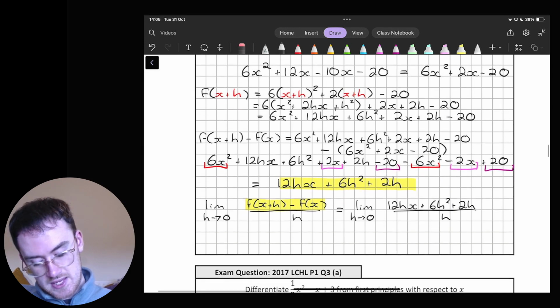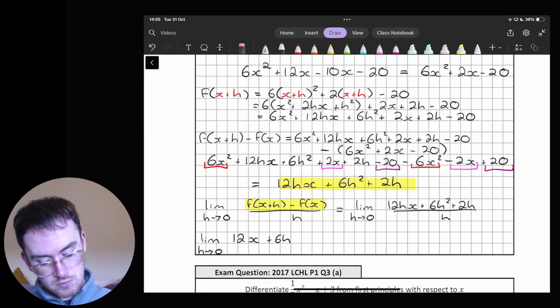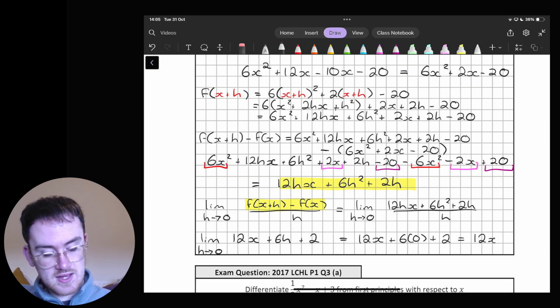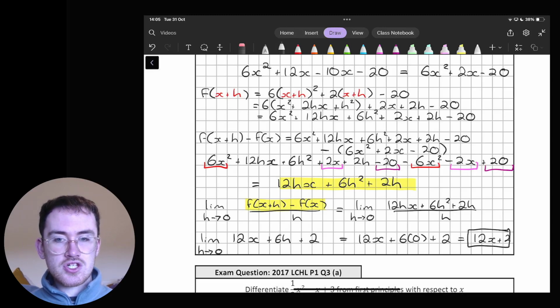I can divide that h into the top terms, so I get 12x plus 6h plus 2. I can evaluate my limit then: 12x plus 6 times 0 plus 2, and I get a value of 12x plus 2.